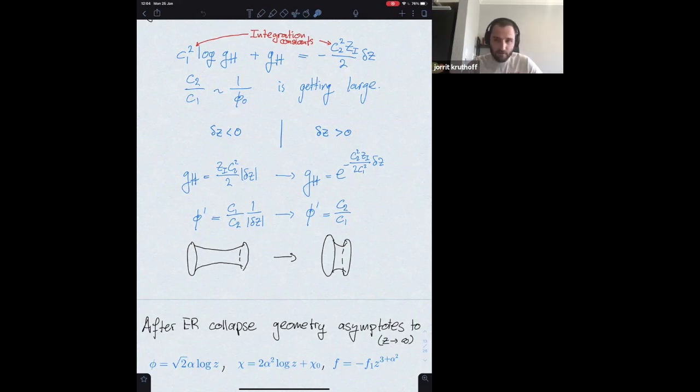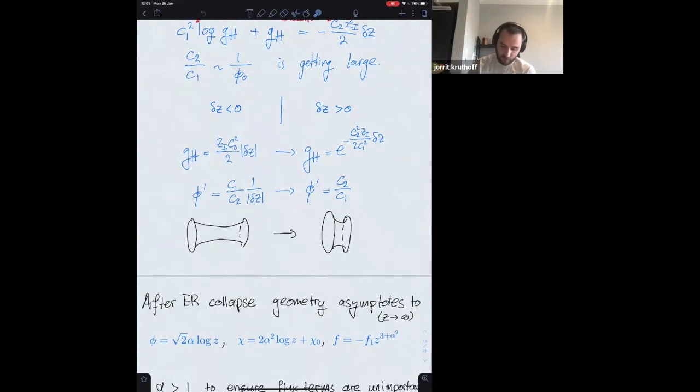And later in some other examples, when there's a charged scalar, we will see that settling more clearly. But here there's also a behavior where the scalar field or the GTT component of the metric again goes to a particular power law behavior.